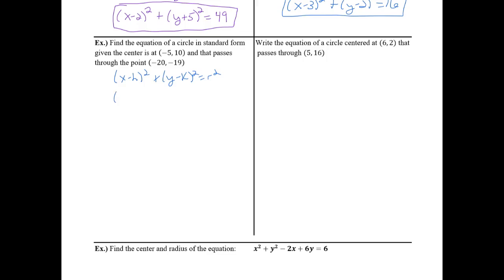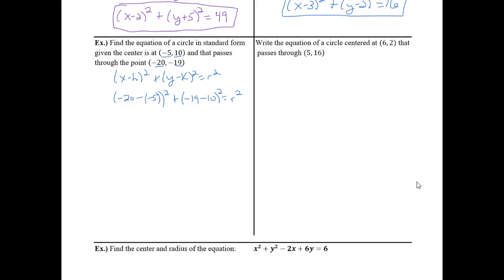So I'm going to plug in for x, negative 20, our point that is on the circle, minus our h value, which is negative 5, that's the x value of the center, square it, plus our y value of the point, negative 19, and minus our k value, which is the y coordinate of our center, square that, equals what we don't know, r squared.